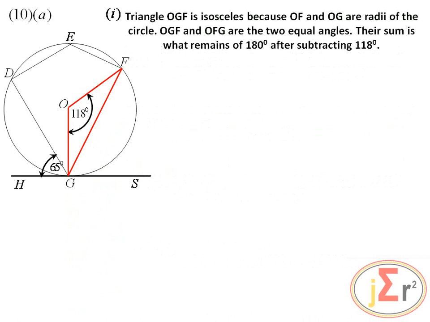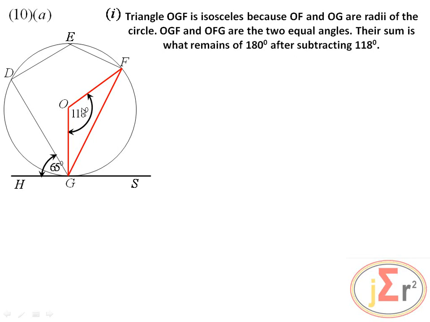Triangle OGF is isosceles because OF and OG are radii of the circle. So this is an isosceles triangle. OFG and OGF are the two equal angles. Their sum is what remains of 180 degrees after subtracting 118 degrees.